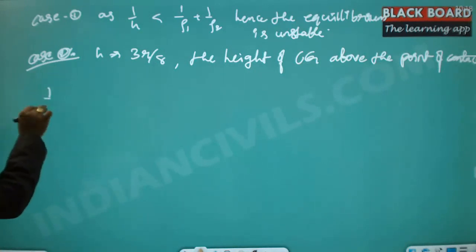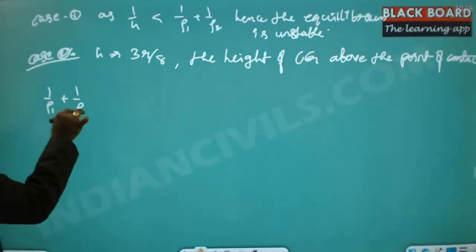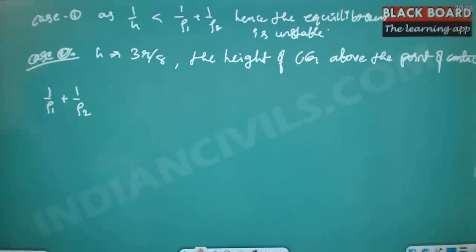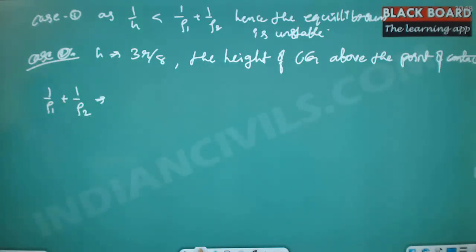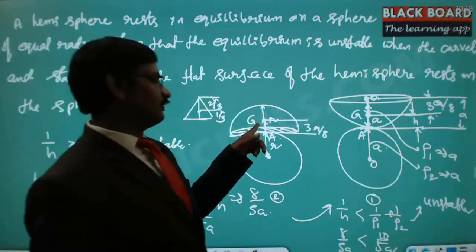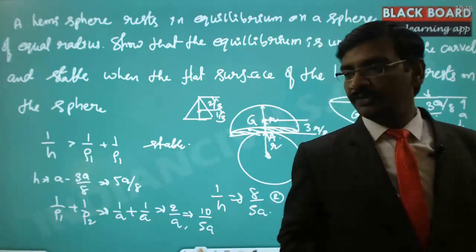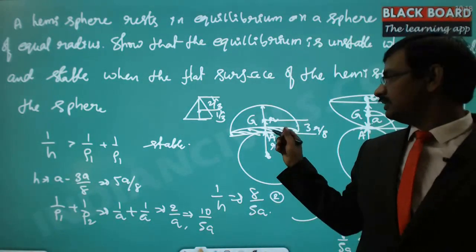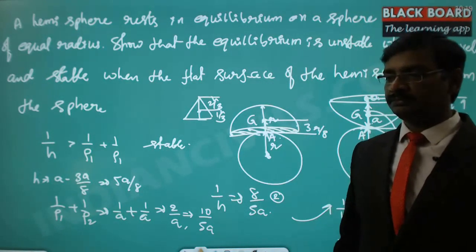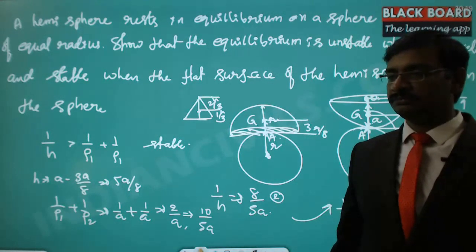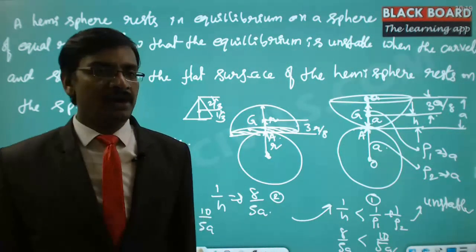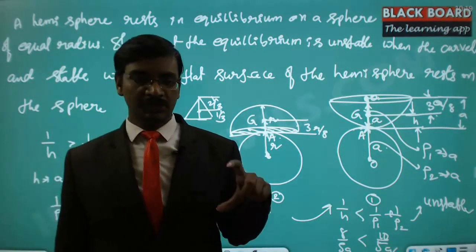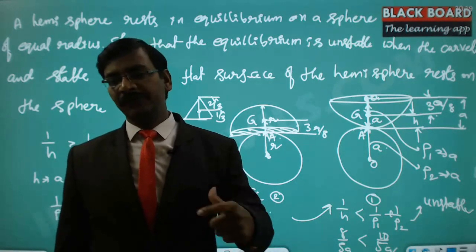And 1 by rho 1 plus 1 by rho 2. Now here, if you want to calculate it, what is the value of rho 1? Rho 1 is the radius of curvature of the top body. What is the radius of curvature of this part? It will be infinite, obviously, because any straight line can be seen as part of a circle by taking infinite radius.